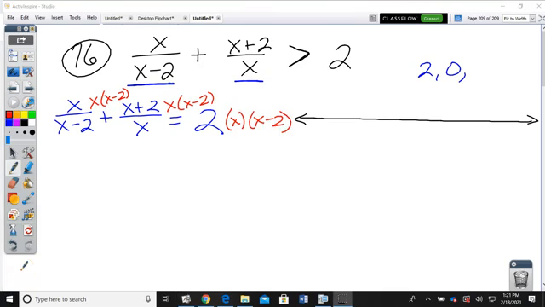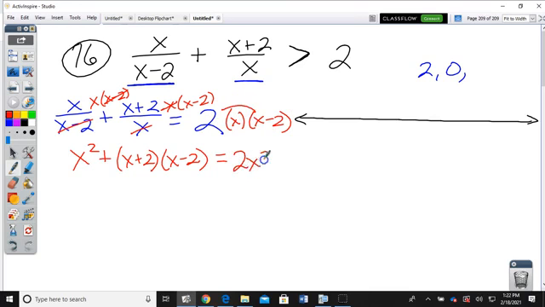Once you multiply everything by the common denominator, you can cancel some things. This x minus 2 cancels, and we'll get x squared. The x's cancel here, so we're saying x squared plus x plus 2 times x minus 2 equals, here I just distribute 2x to everything. So 2x times x is 2x squared, and 2x times negative 2 is negative 4x.